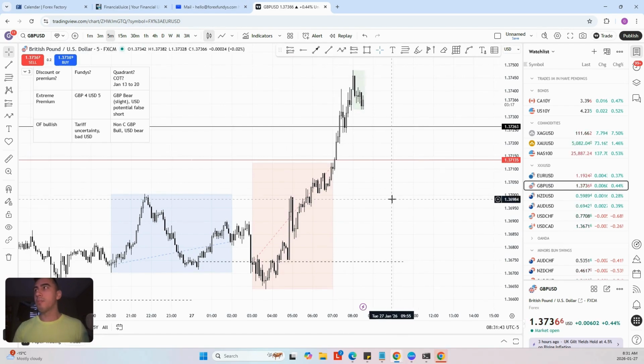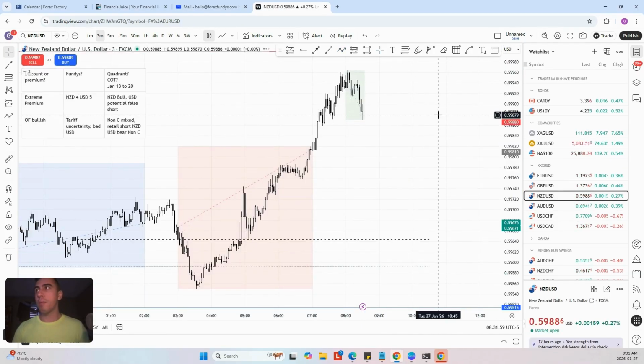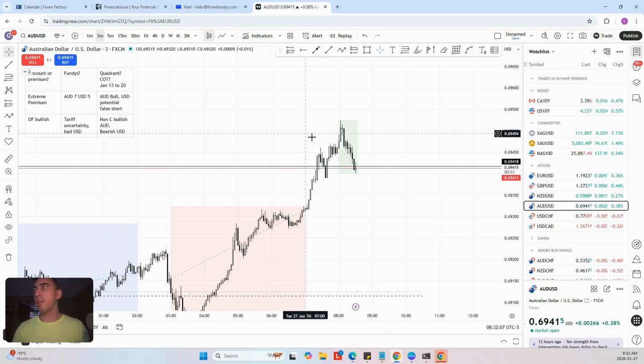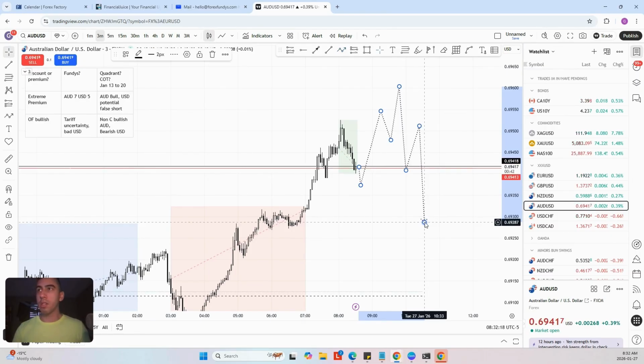On the pound, is there any M3 areas that we could call? False move, swept, real move. You're going to notice that all these are pretty much the same schematic. We're going to put an alert up here for NZD, and for AUD we're looking at the exact same schematic. So maybe false move down here, swept, real move. You get the gist by this point.